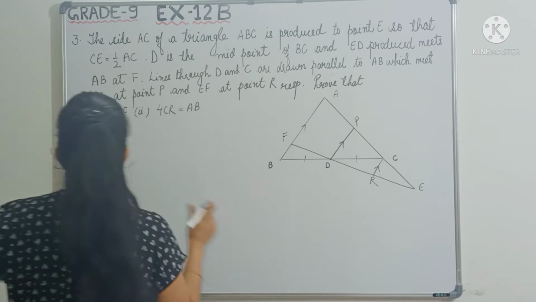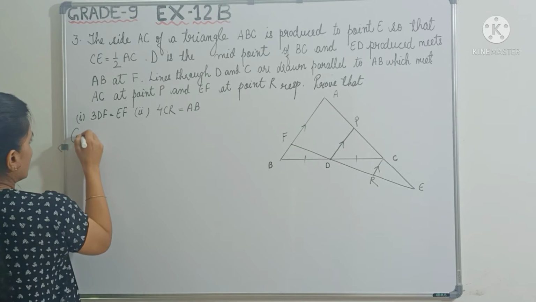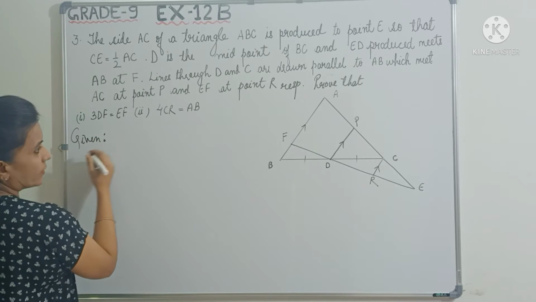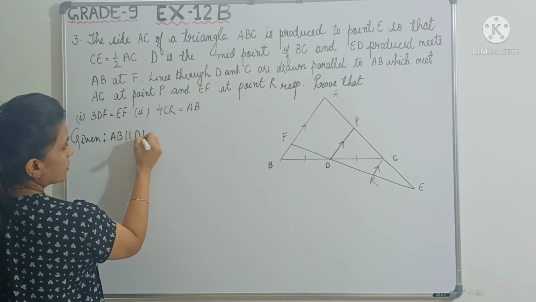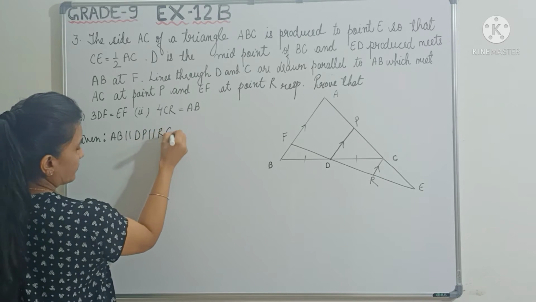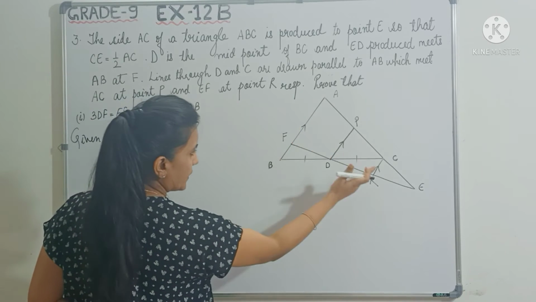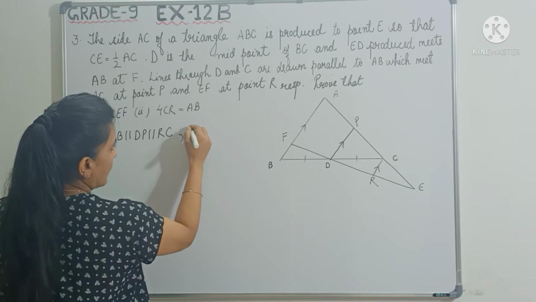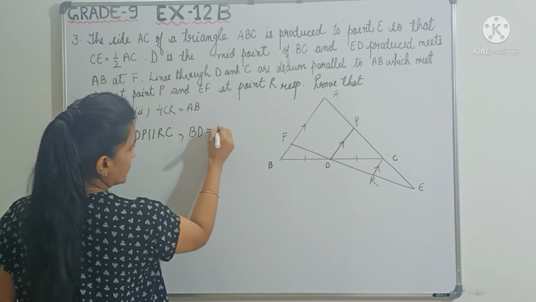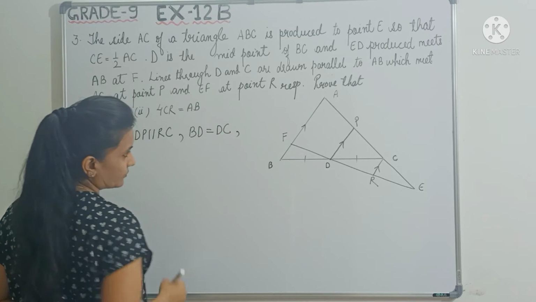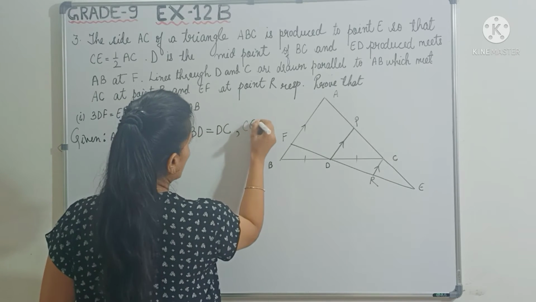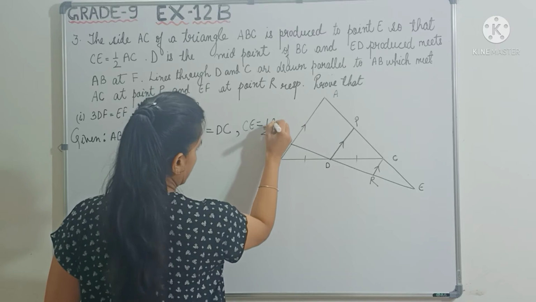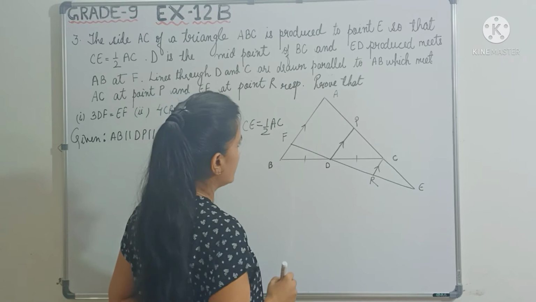So let's first write down whatever is given. So here AB is parallel to DP is parallel to RC. Okay, these 3 lines are parallel. BD is equal to DC and CE is equal to half of AC. Alright.